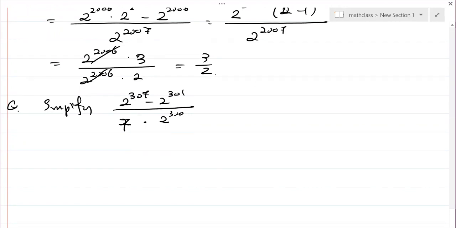How do you simplify? Wow. So you got 256 over 7.